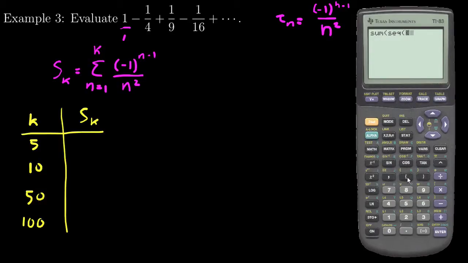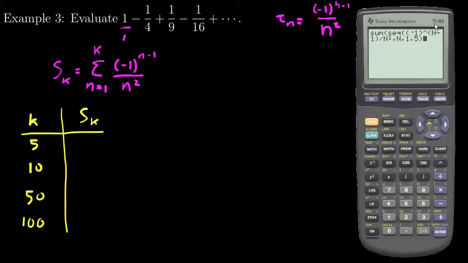So I have negative 1 to the n minus 1 divided by n squared. So I put in the function, I put in the variable, and I put in the starting value, and in this case the stopping value is going to be 5.